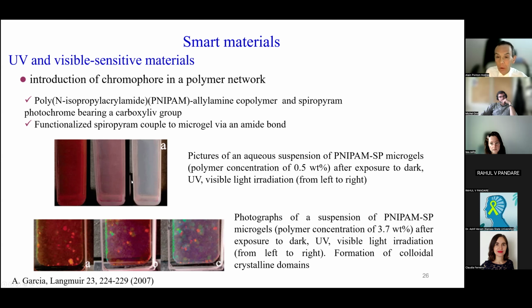And here we have an example of the polymer in dark exposition, UV exposition, and light radiation. So you can see a change of color, so a change of structure. And here you have also these three examples. And you can see that you have a formation of colloidal crystalline domains just by changing the light irradiation.